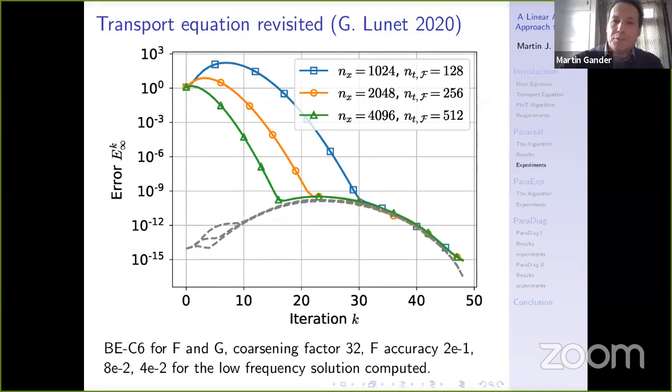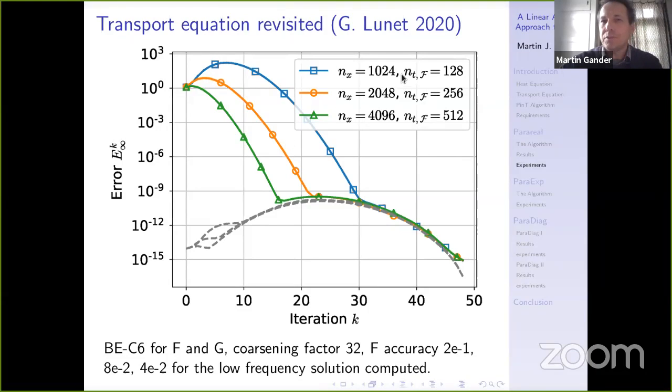Here you see an experiment where the iteration number k is on the x-axis and the error is on the y-axis. We solve the transport equation with a Parareal algorithm. We use a backward Euler in time and a centered sixth-order finite difference stencil in space. And you can see this method does converge.